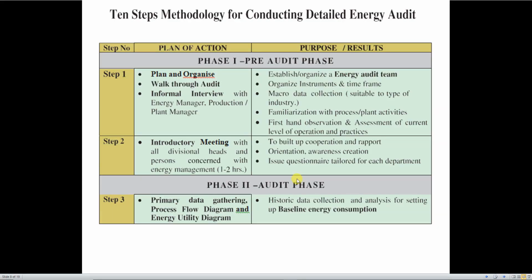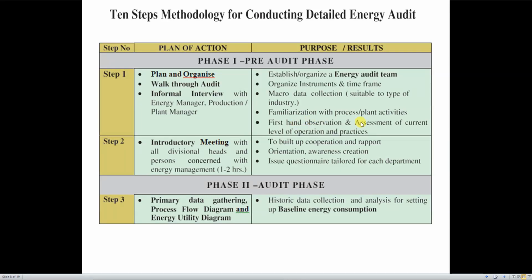So next, and the last thing, which is the result of the interview: first-hand observation and assessment of current level of operation and practices. First-hand observation means the data that we have collected, we can observe it, and we can write some corrective actions in a draft before the audit.